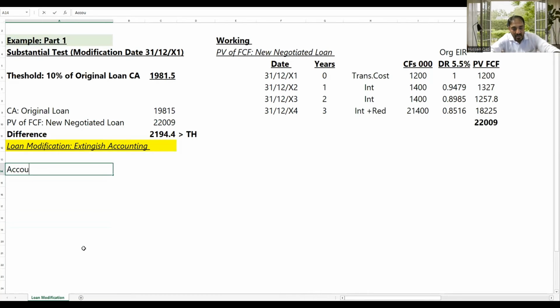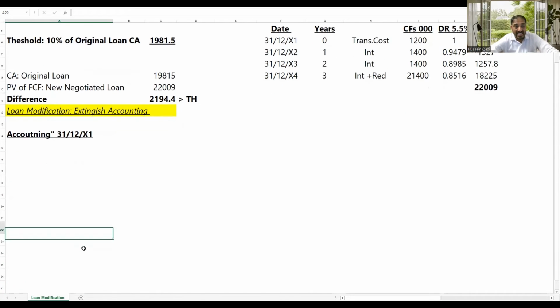Now, sir, do tell us what will be the accounting? Do remember, accounting at 31st December X1. That is the day of accounting. Number one, the day is about derecognizing the previous liability. So your original loan, you need to debit the financial liability, the original one.